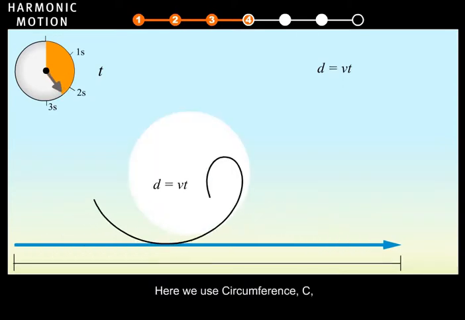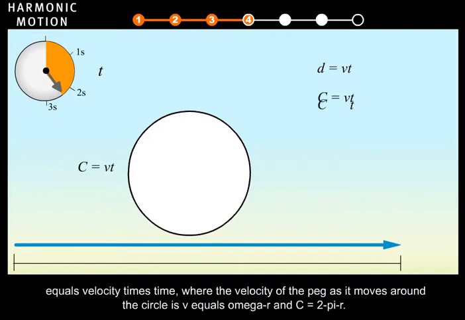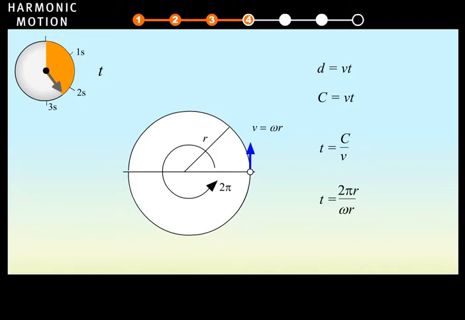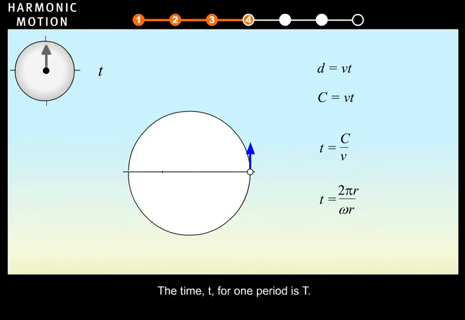Here, we use circumference, c, equals velocity times time, where the velocity of the peg as it moves around the circle is v equals omega r, and c equals 2 pi r. The time for one period is T.